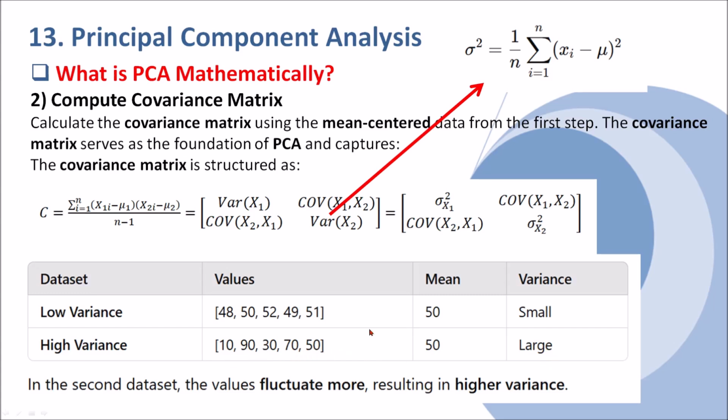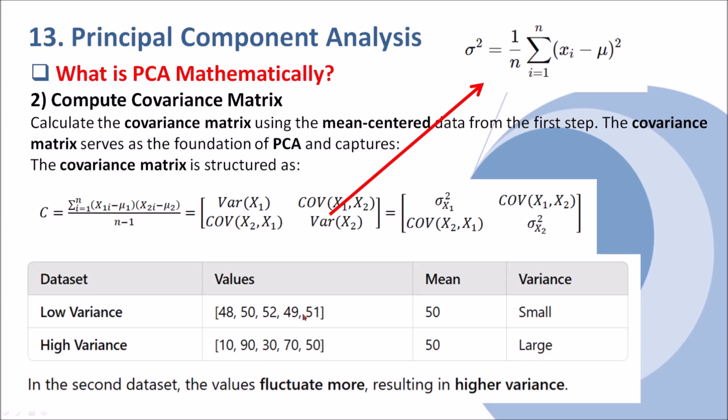This is very interesting. Let's see here. In the first case, the fluctuation of the values is small. In the second list, the fluctuation of the items is big. Namely, we have the minimum value of 10, we have 30, 70, 50. Therefore, the fluctuations between each item are big, so we call it large variance.